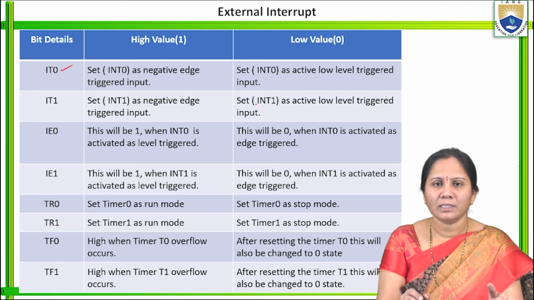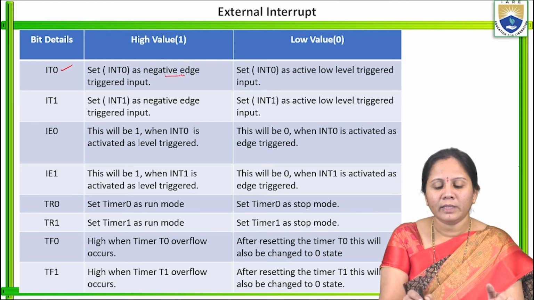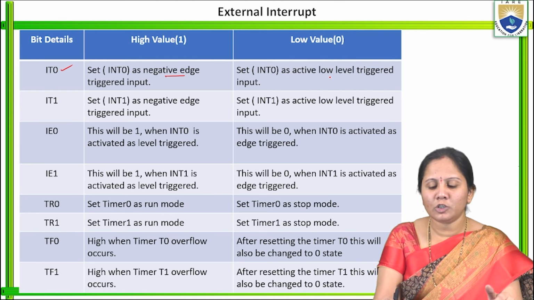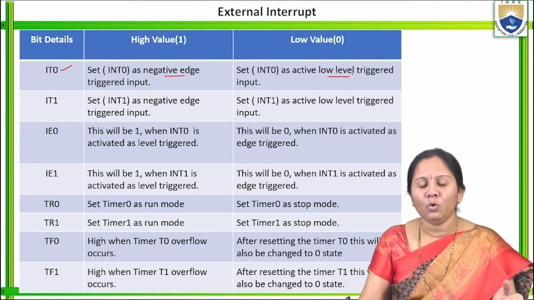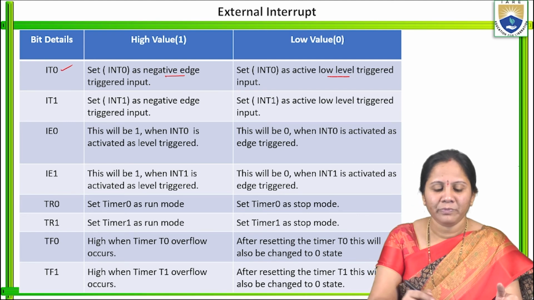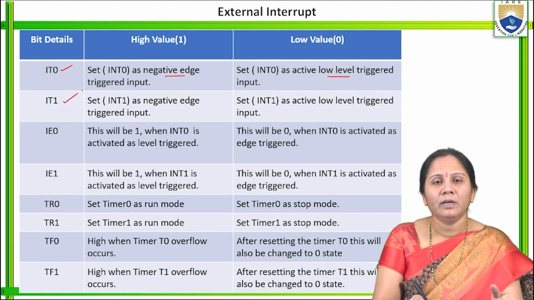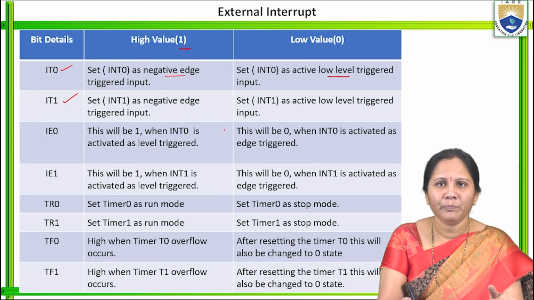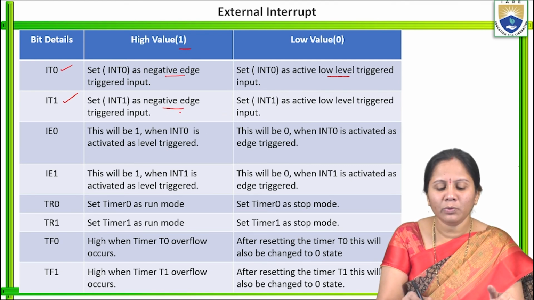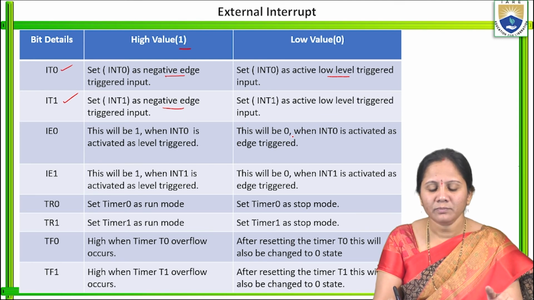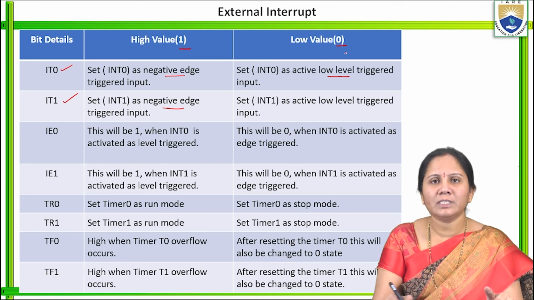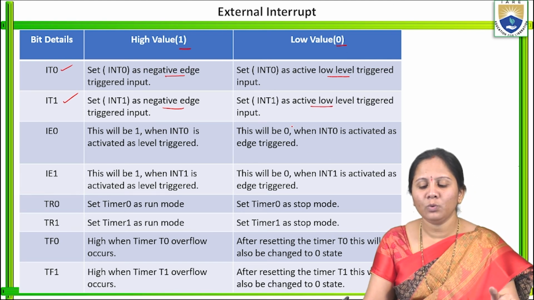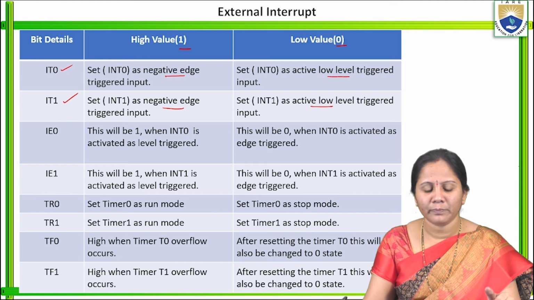When that bit is set, the interrupt will be negative edge triggered input. If it is 0, it will be low level triggered input. For IT1, if that bit is set, that is high, it acts as negative edge triggered input. If the IT1 value is low, it acts as active low level triggered input.